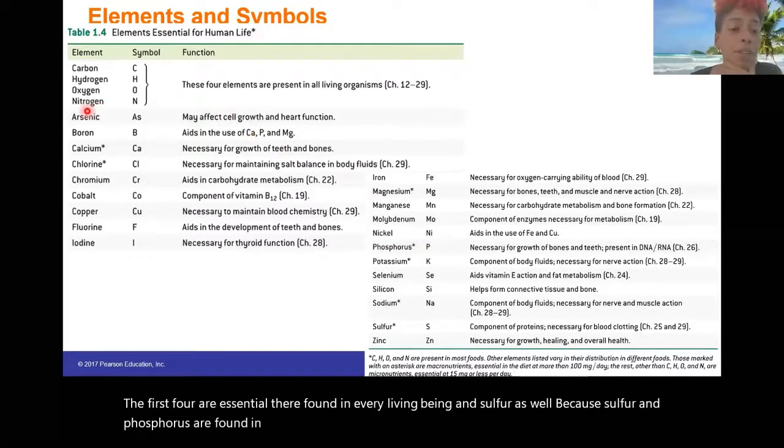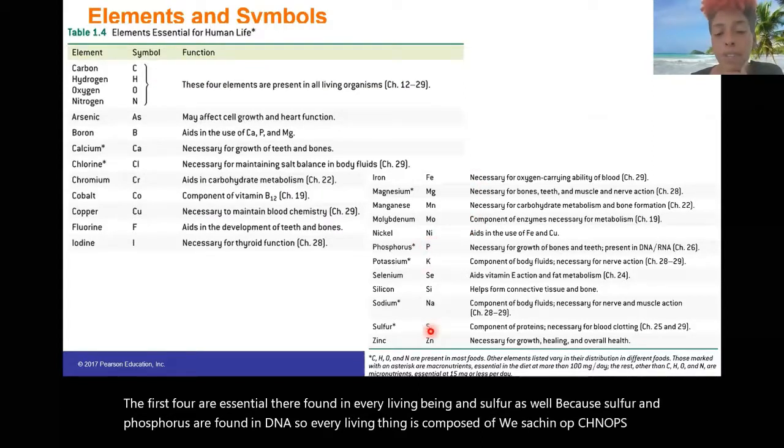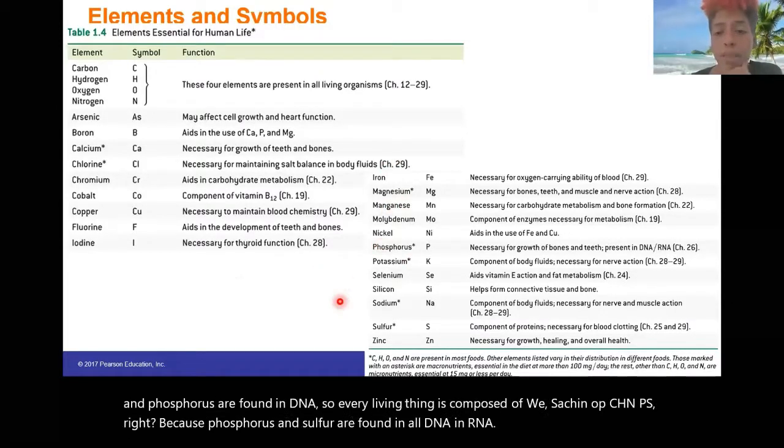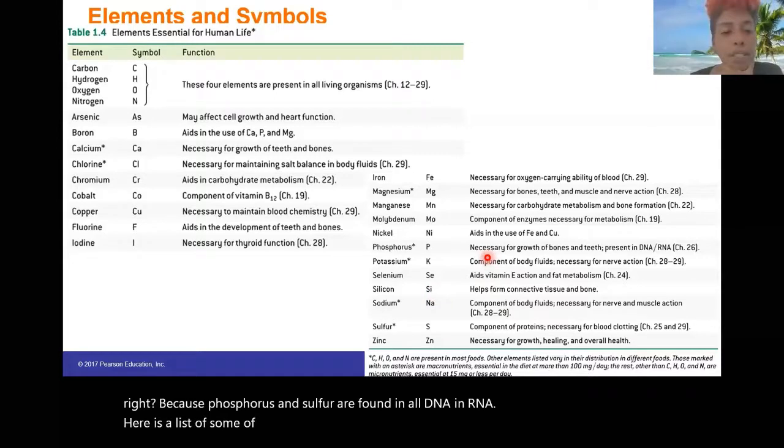So every living thing is composed of, we say CHNOPS, right? Because phosphorus and sulfur are found in all DNA and RNA. So here's a list of some of the important elements and what we need them for.